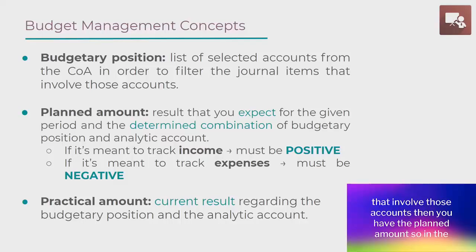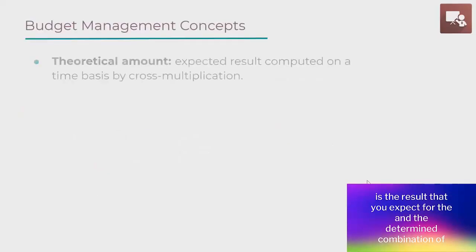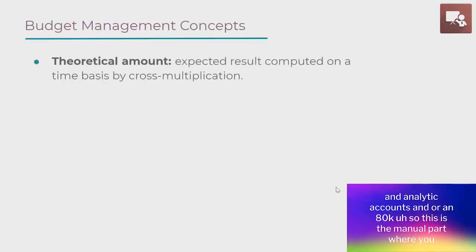The first one is the result that you expect, for the determined combination of budgetary position and analytic accounts. This is the manual part where you put your budget amounts. If it's meant to be revenue, it must be positive, and if it's meant to be an expense, the amount must be negative.